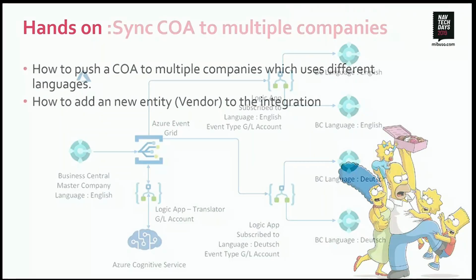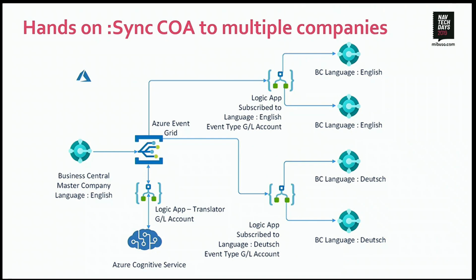Before that, this is the basic structure of our demo. On this side we have the master company. The master company will push the data set into Event Grid. Then we have this logic app, which translates any data set that comes in with the filter of GL account. It uses the cognitive service, gets the response, and pushes it back to Event Grid.